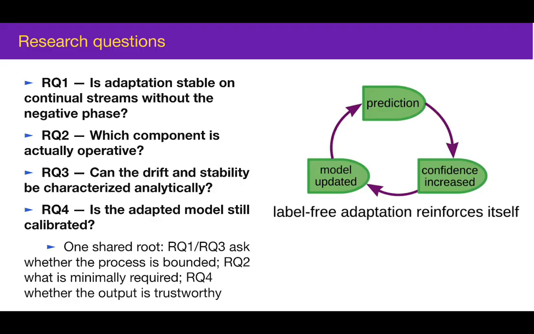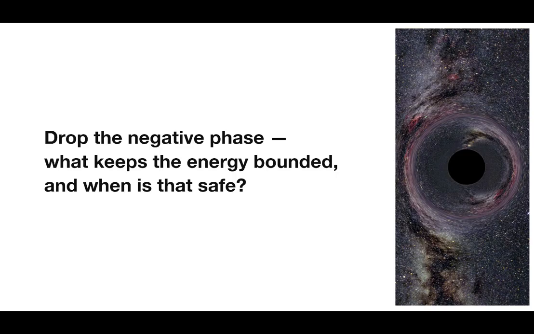One asks what is really needed, and one asks can we trust the output, in a simple way. So the whole thesis comes down to this one question: if we drop the negative phase, what keeps the energy bounded, and when is that safe? This is the answer that my work proposes.